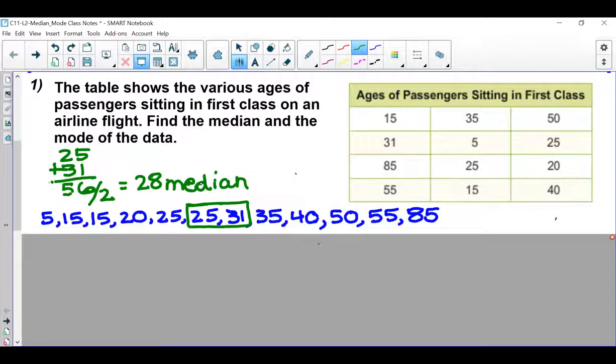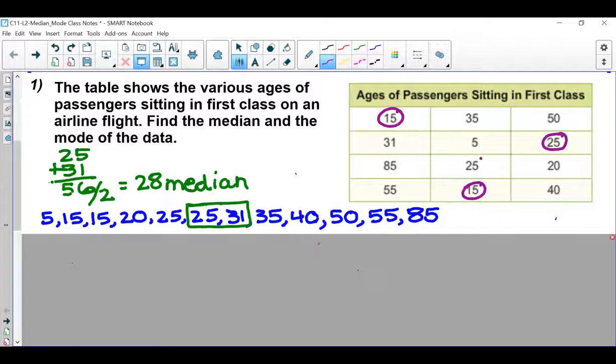Okay, so now we are going to find our mode, which is our most occurring number. Can anyone help me out on here? What is our most occurring number here? 15 and 25. Right. I have two 15s, if you see here. Here's my other one. Okay. And I have two 25s.